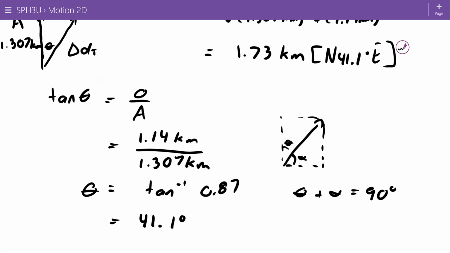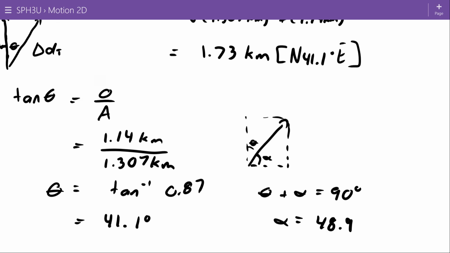So if this is 41.1, alpha would be 48.9. However, we would have gone east, then north. So another acceptable heading for this vector is 48.9 degrees north of east. Either one of those answers are acceptable. So that's it, adding the displacement of three different vectors.